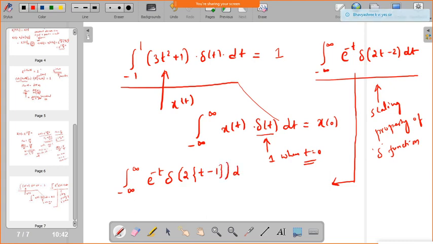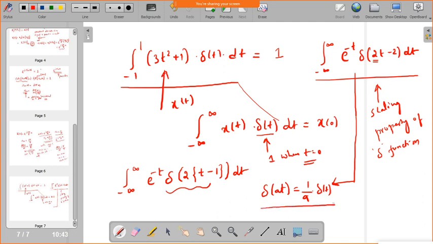Now the delta function property which we have defined: del of at equals 1 over a into del of t. Do you remember this property? Just apply the same thing here.